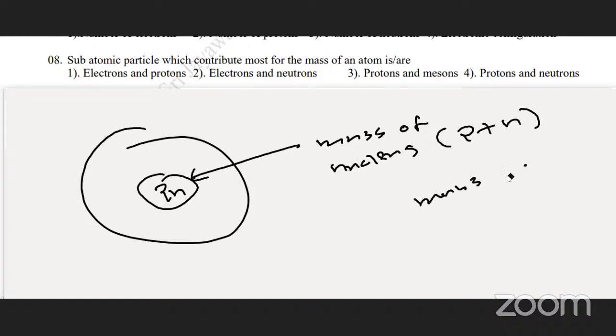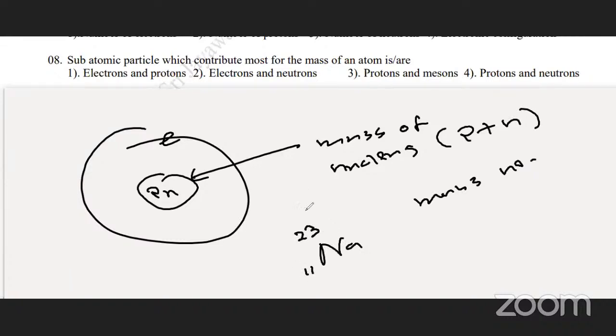But we don't consider the mass of electron for the mass number. Actual mass should be the mass of all three, but the mass of the electron is negligible. Therefore, the mass of an atom depends on the mass of protons and neutrons, not the electrons. Electrons are very, very light, so their mass is negligible compared to protons and neutrons. Example, sodium: what is the mass number? 23.